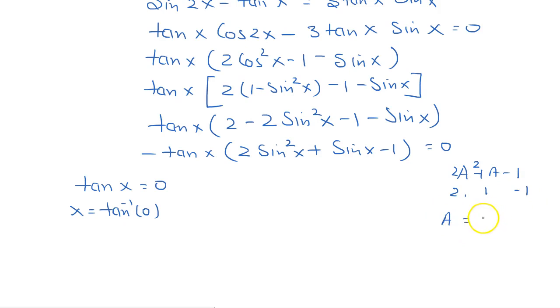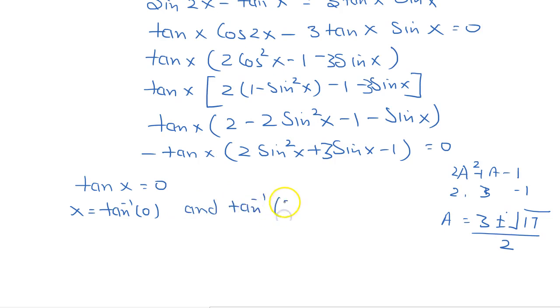So a will be plus minus, that is minus 3 plus minus root 17 over 4. So sin x is that, and x is sin inverse of that.